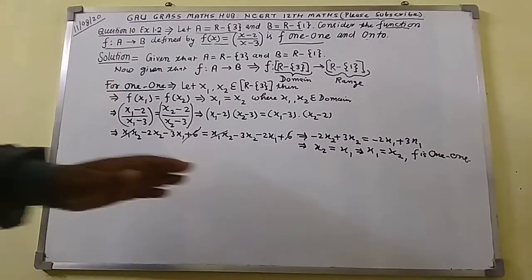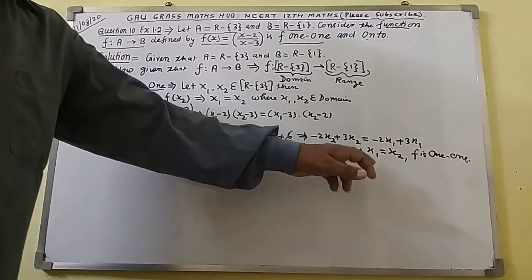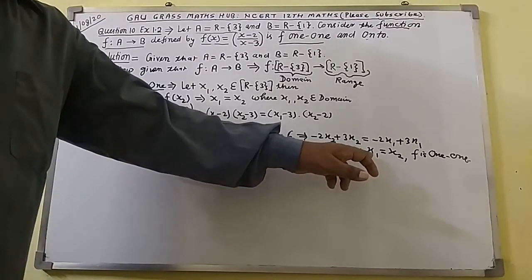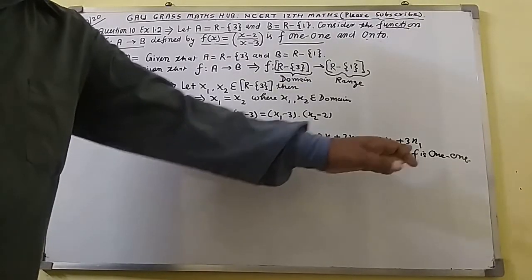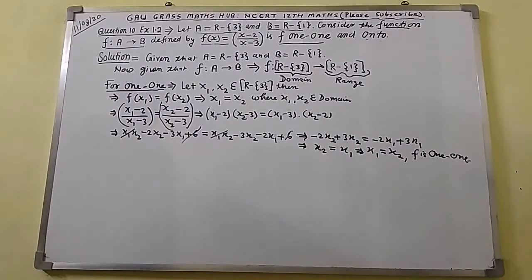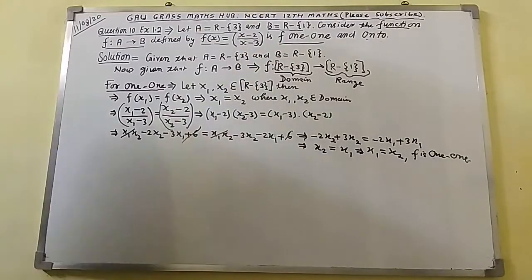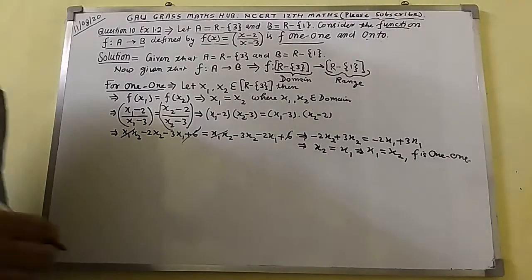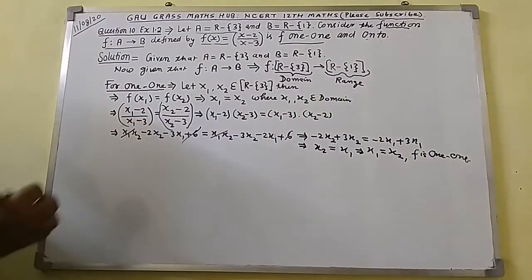So now here I have proved x1 equal to f2, f is 1-1. Now again you have to prove whether this function is onto function. Let us see for onto what I am going to write here.